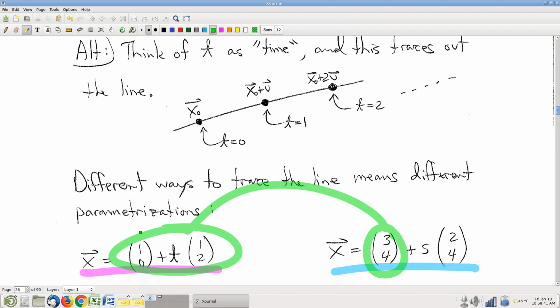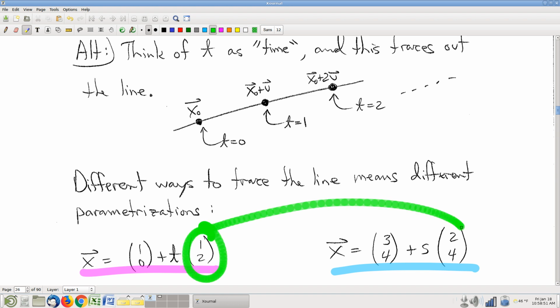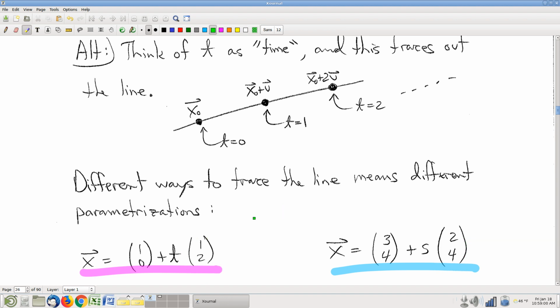So that starting point here is on the line on the left. So these lines intersect. Furthermore, these vectors are parallel. One's clearly a multiple of the other. So these two different parameterizations that we have here are parallel and intersect. They're the same line.